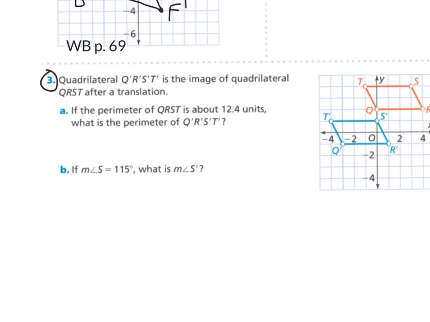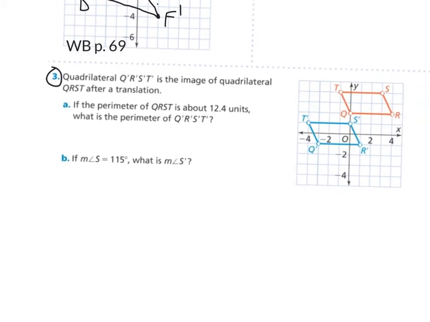Okay, number 3, quadrilateral Q prime, R prime, S prime, T prime is the image of quadrilateral QRST after a translation. Part A, if the perimeter of QRST is about 12.4 units, what is the perimeter of Q prime, R prime, S prime, T prime?